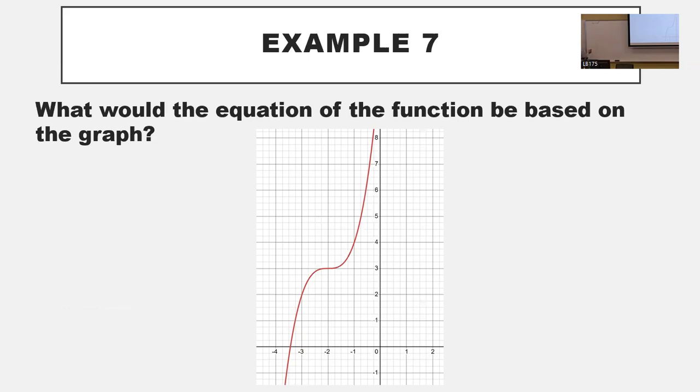So if I were going to take this function and rewrite it, I would say that we only have shifts here. The shift is left 2 and up 3. Be careful when you go left 2.